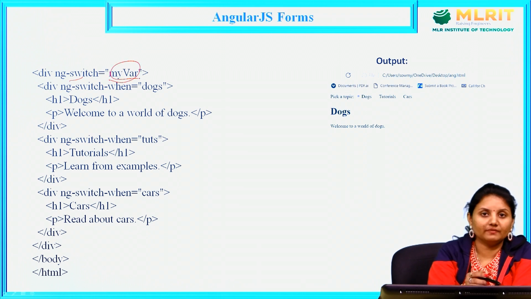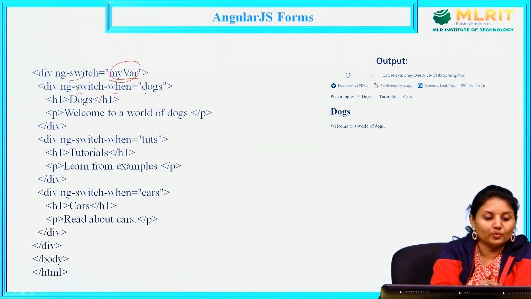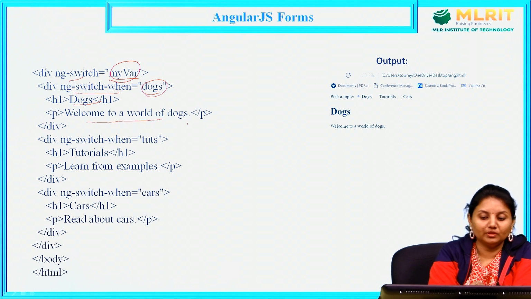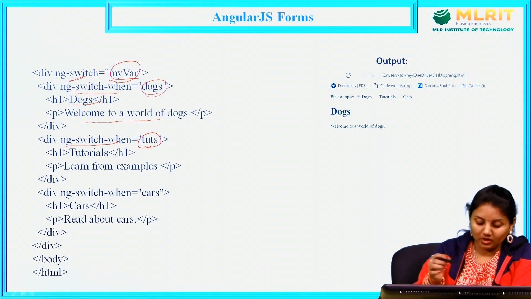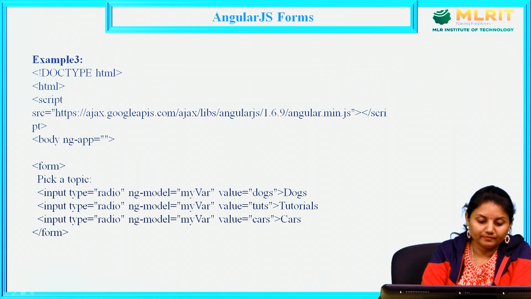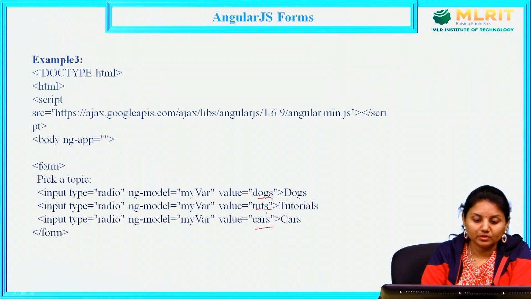Once the form is given, ng-switch is there. The switch is given as myvar. ng-switch-when dogs, so print dogs and welcome to the world of dogs. Here you have given the values dogs, tutorials, and cars. So these three are values.